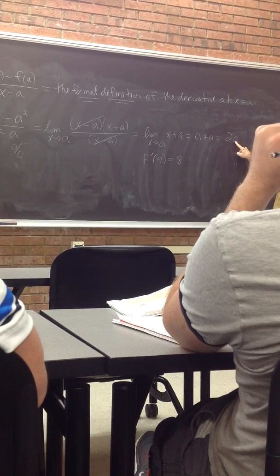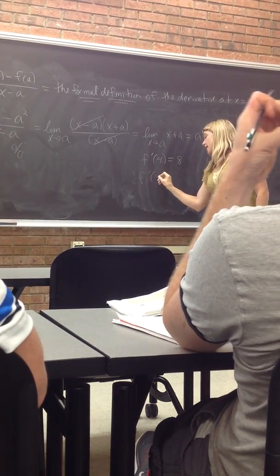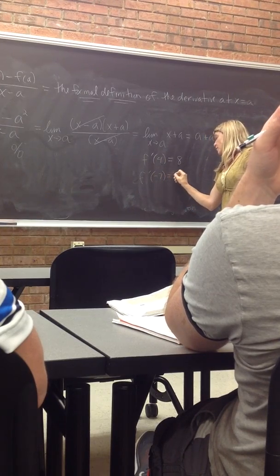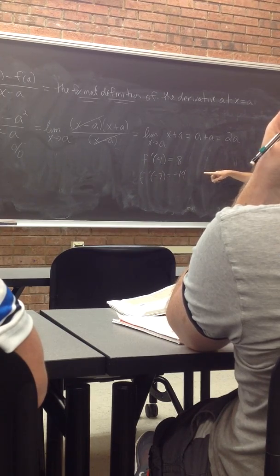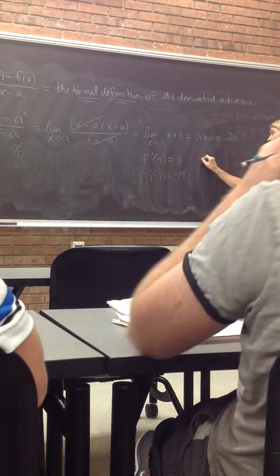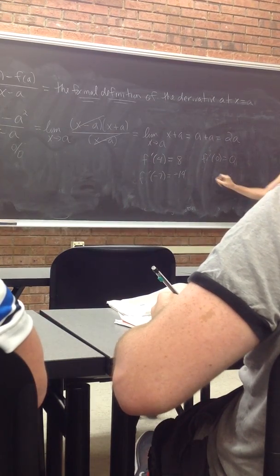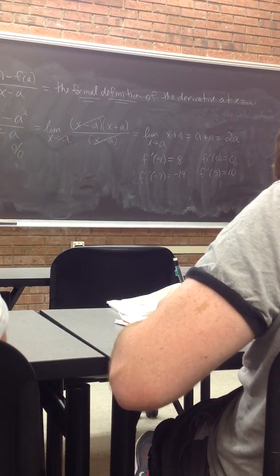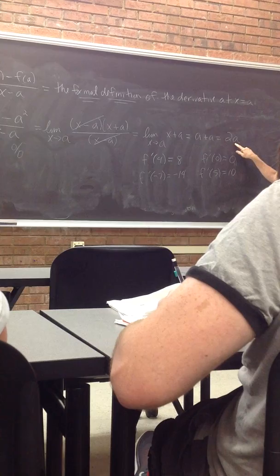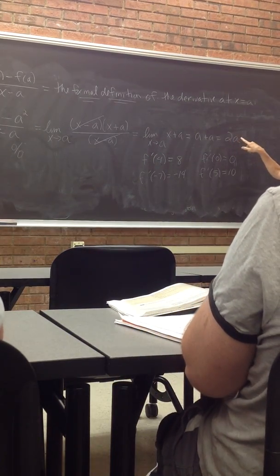I plug the 4 in here in this formula. F prime at -7 would be -14. The slope at -7 would be -14. F prime at 0 is 0. F prime at 5 is 10. Okay, so I just proved that if your function is x squared, the slope is 2 times x.